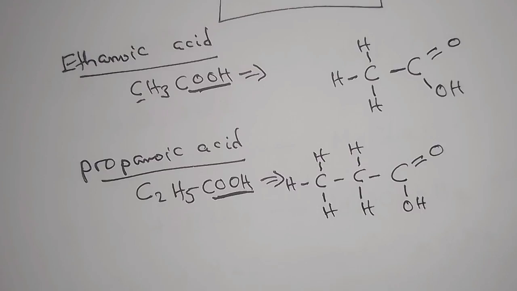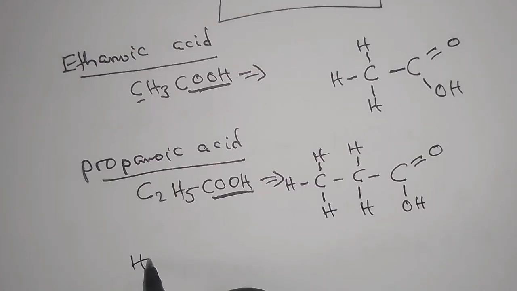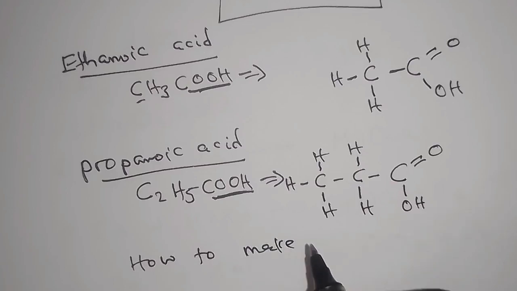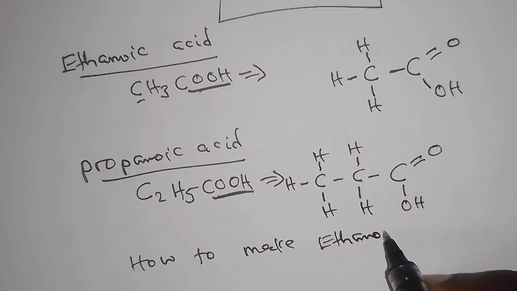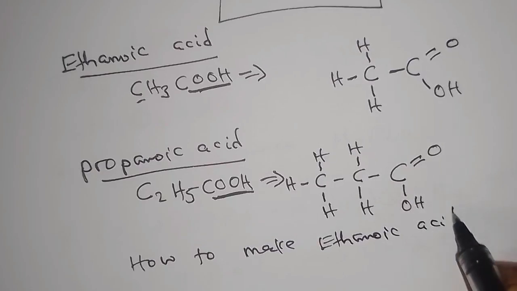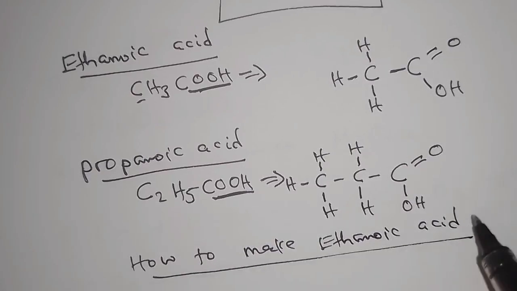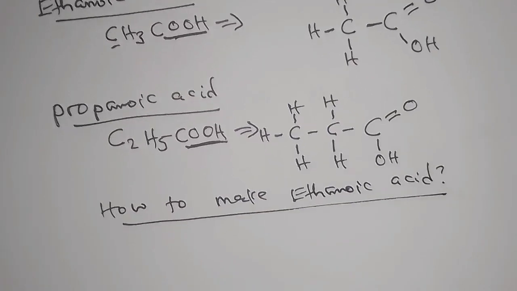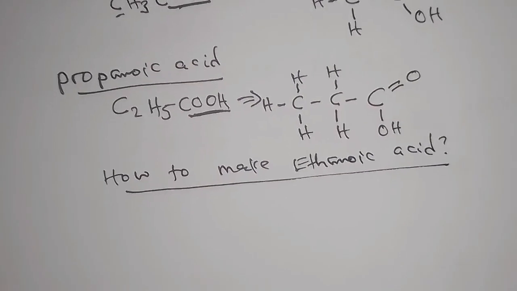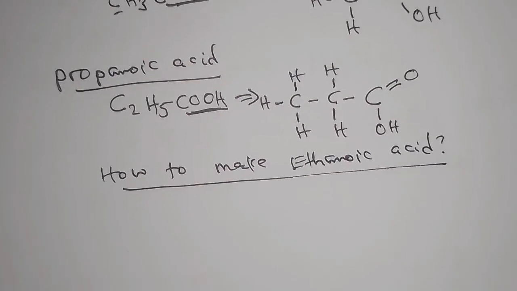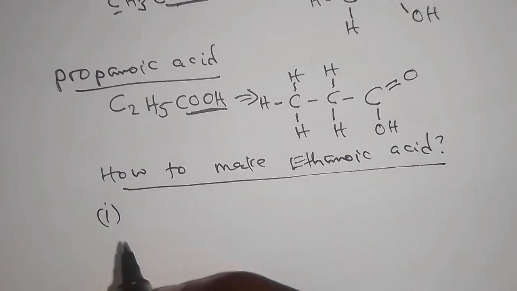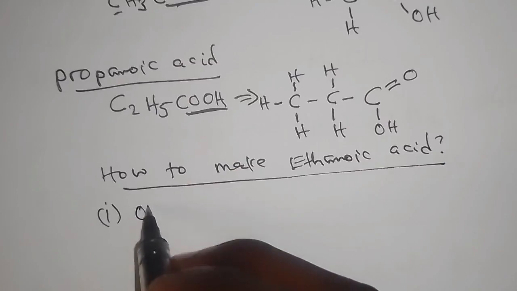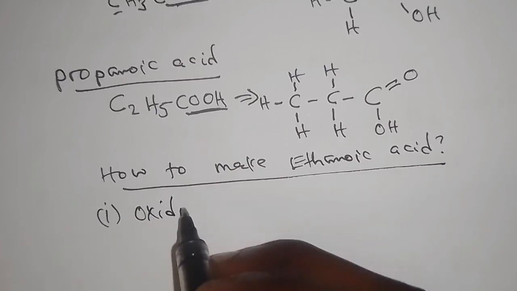We are also going to look at how to make ethanoic acid. One of the best known methods is through oxidizing.